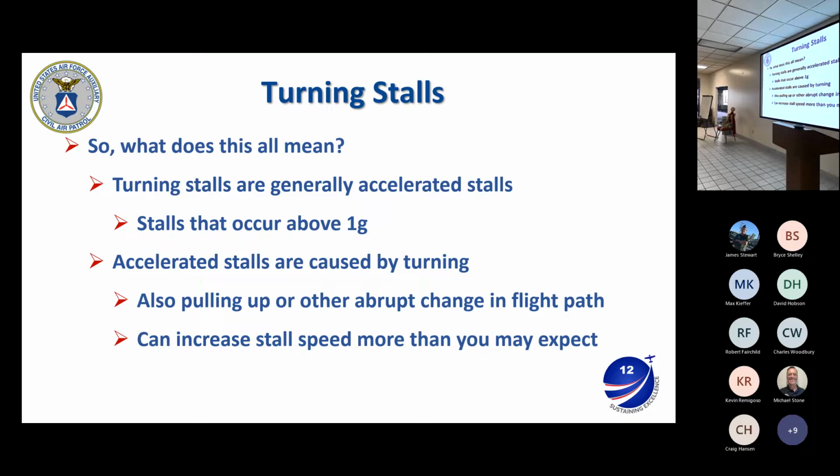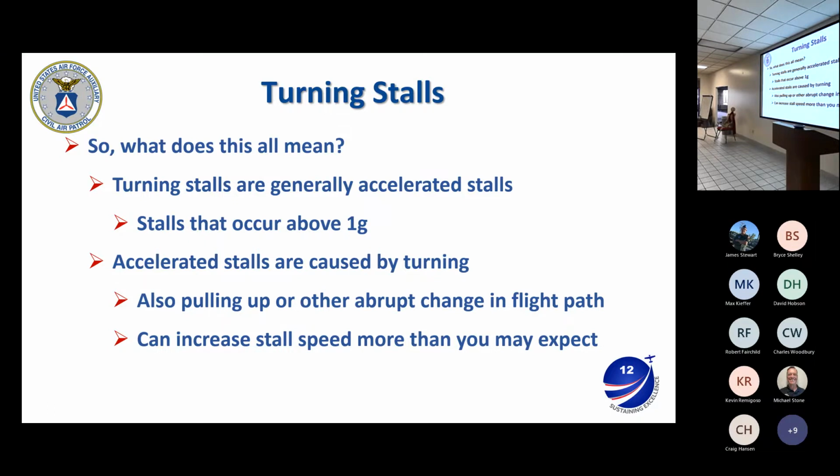You could also use the term loaded stall, because the reason it's stalling at a higher airspeed is because the wing is having to produce more lift than the weight of the aircraft. Does loaded stall translate correctly into anything over 1 G? Yes. Anything over 1 G.